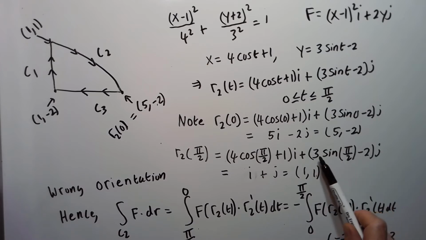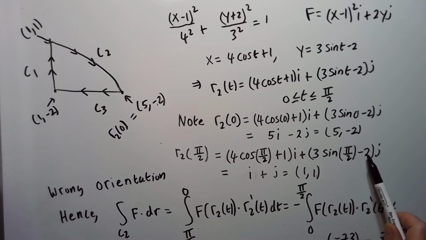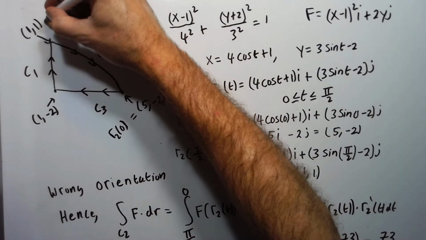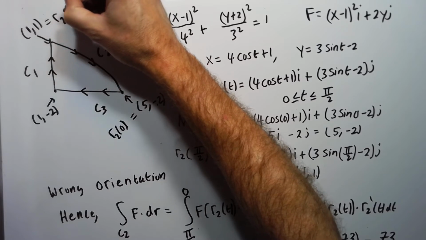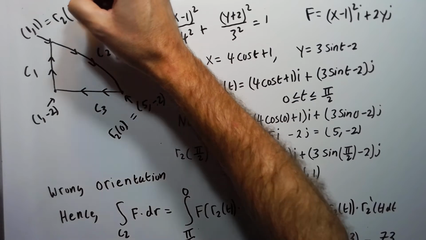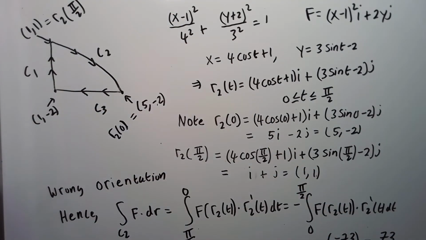Sine of pi over 2 is 1, so this becomes 3 minus 2, which is 1, so you got (1, 1). So up here then, this would be r2 of pi over 2.